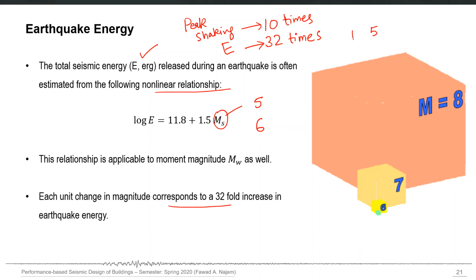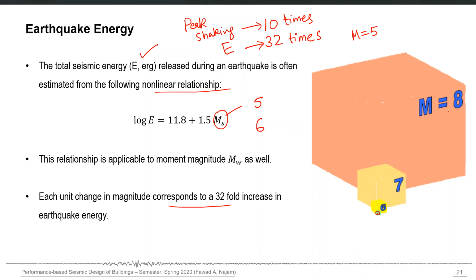So if the energy of magnitude 5 is represented by this small green block, the magnitude 6 will be, if you talk about the peak shaking intensity, 10 times more than that. If you talk about the energy release, then it will be 32 times more than that, represented by this yellow box. And if you make one step more, I mean 6 to 7, it will increase to this much.